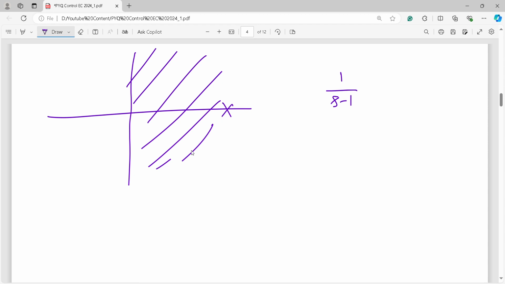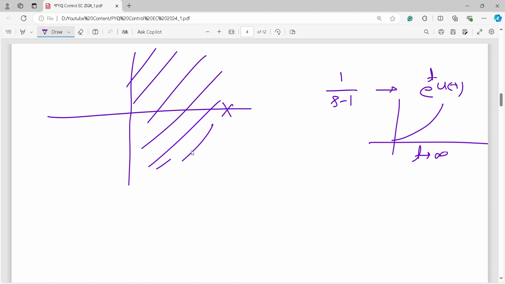If you apply it in the time domain, what is the answer? e^t u(t). So here you can see that once t approaches infinity, the value blows up, going to a very high value.